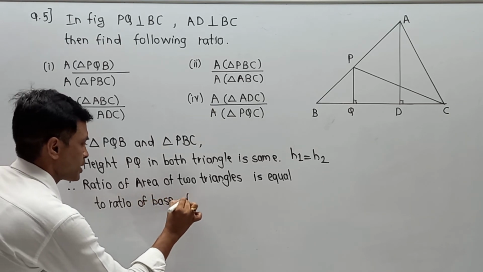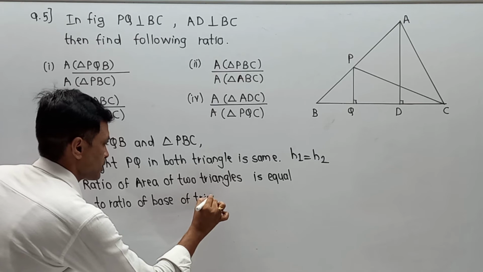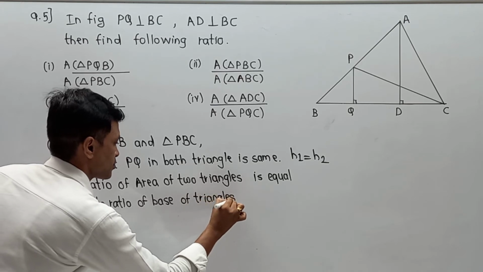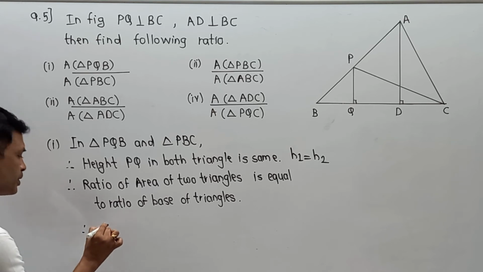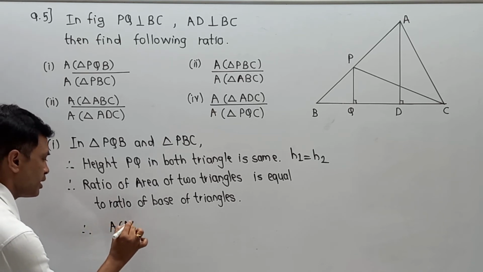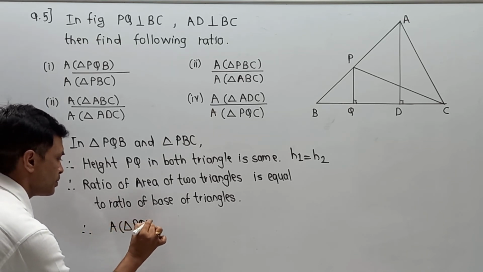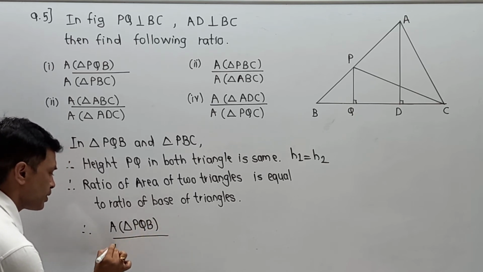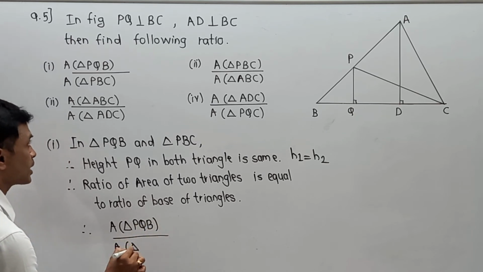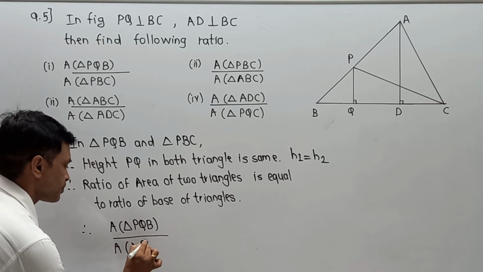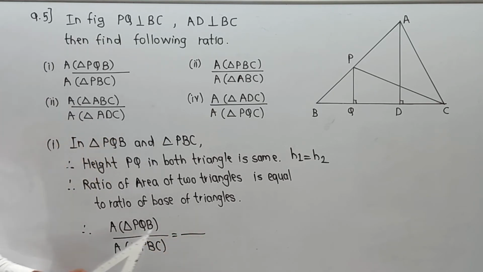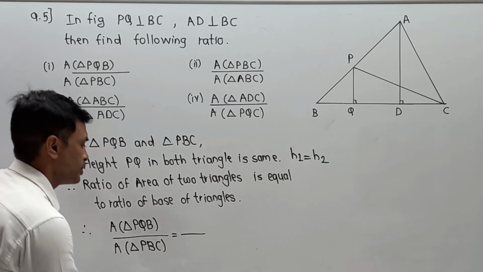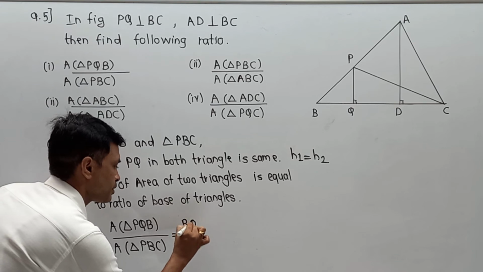Ratio of base of triangles. Therefore, area of triangle PQB upon area of triangle PBC is equal to BQ upon BC.